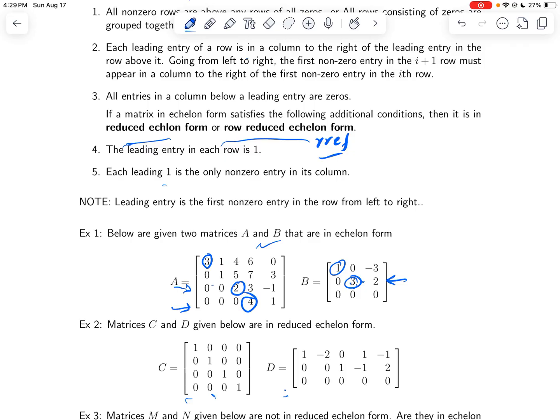They satisfy the condition of reduced echelon form or row reduced echelon form. Why? Because notice here, this is the diagonal, and you can see each diagonal entry is 1, so each leading entry is 1, and then we have zeros everywhere above and below the leading entry. So that's why this is in reduced echelon form.